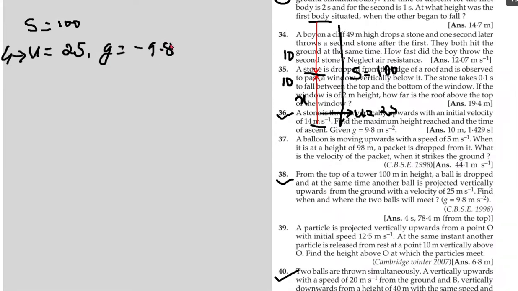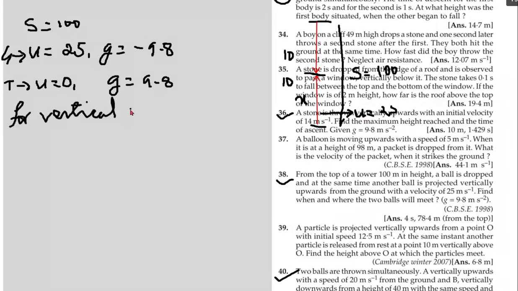From the top, u is at rest, so it will be 0 and g will be 9.8 meter per second, with the direction towards the ground taken as positive. For the vertical upward motion, that means the ball which moves from the ground, let's solve this first.